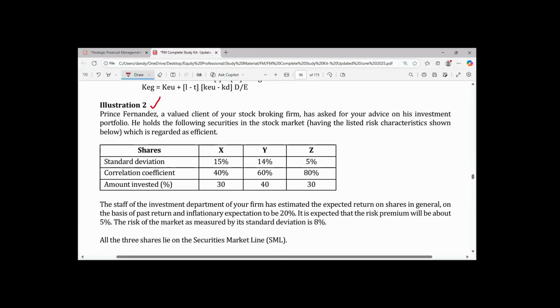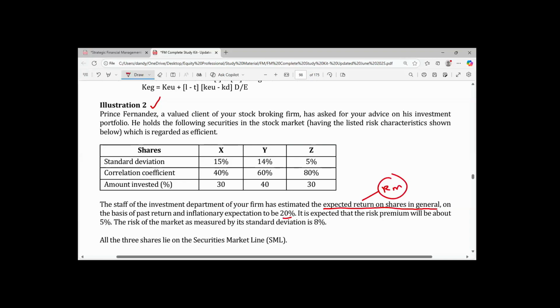The staff of the investment department of your firm has estimated the expected return on shares in general, on the basis of past return and inflation expectation to be 20%. So which means that when you say expected return on shares in general, this is the market return. That's what the examiner is trying to tell you there.